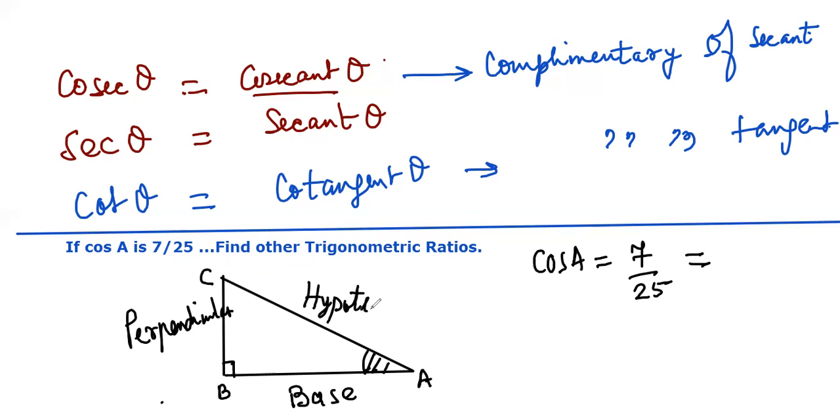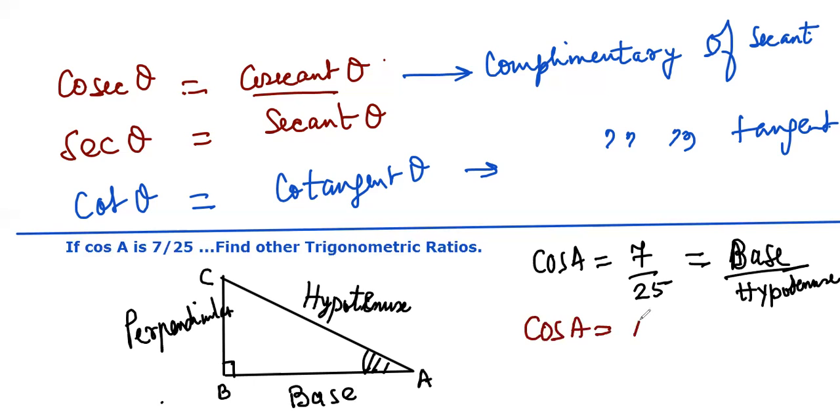So cos A is equal to, according to the figure, base upon hypotenuse, that we have already done. What is the base over here? In this case, your base is basically AB. And what is your hypotenuse, children? That is AC. So I can write this is equal to 7 upon 25, right?